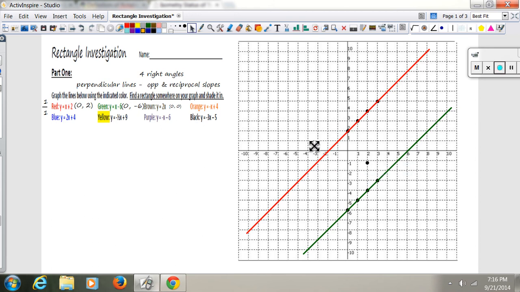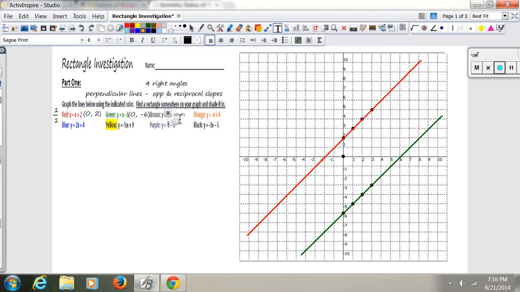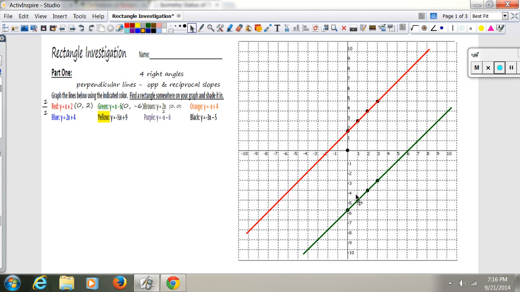Now this has a slope of 2, and that's like 2 over 1 if I wanted to make a fraction out of it, which means go up 2 and over 1. So from this point right here, I'm going to go up 2 over 1. I'm going to do that again, up 2 over 1, and again, up 2 over 1.